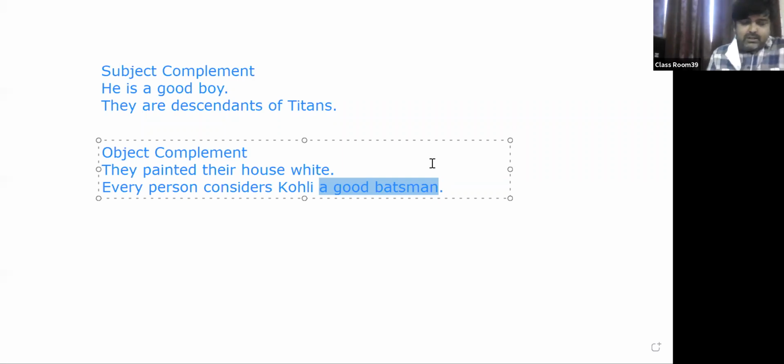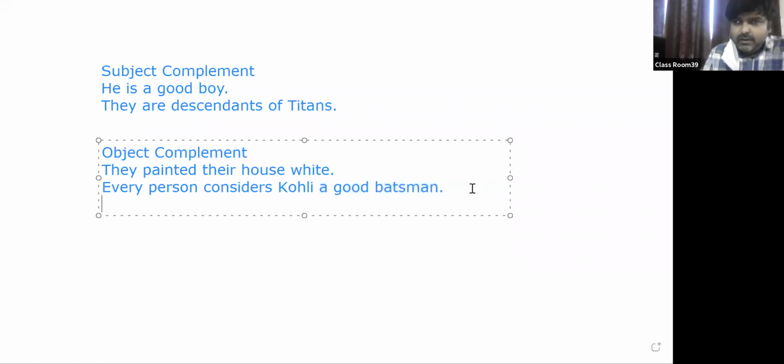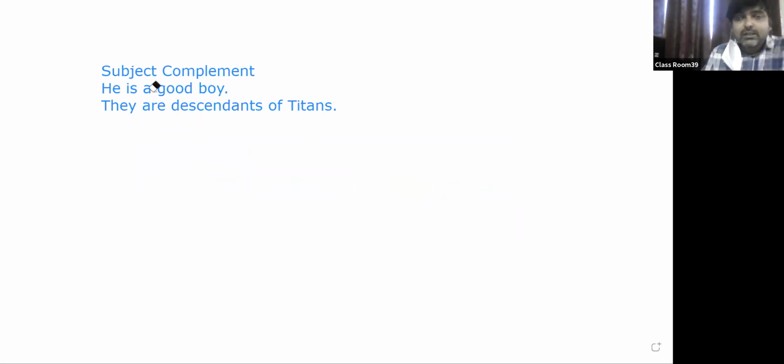So these are the basic structures, I mean elements, you have in a clause. Now, coming to what types of clauses exist in a sentence. So noun clause, first of all.